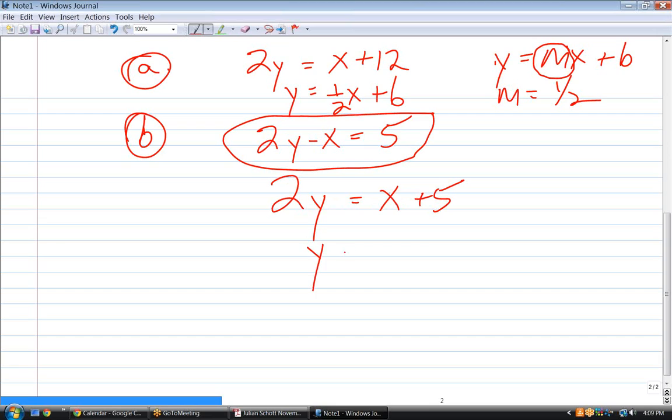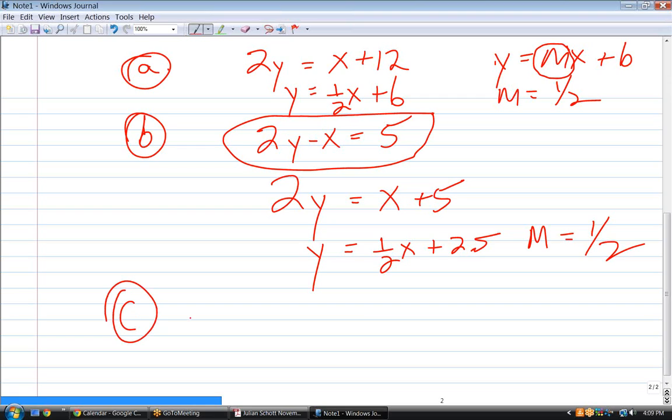Okay, so what's that? 1/2 x plus 2.5. Okay, yeah. What's the slope of this line? 1/2. Okay. So A is definitely parallel to B.